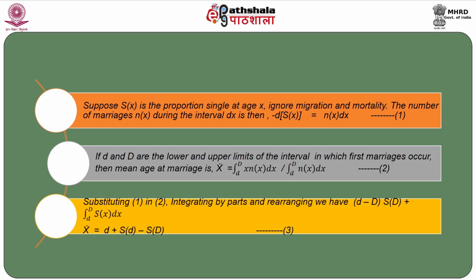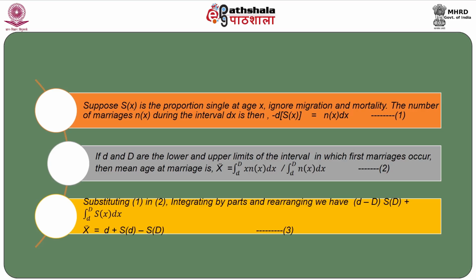Then let us continue the discussion on the computations. What we have to do is substitute 1 in 2, integrate by parts and rearrange. If you do that, you have formula number 3 and you also have formula number 4.